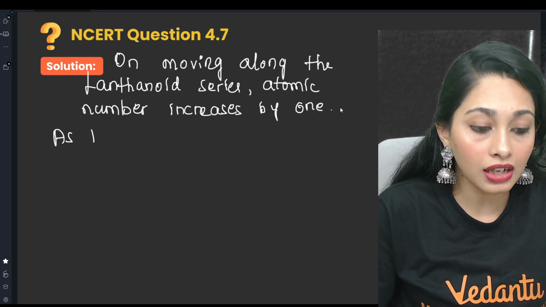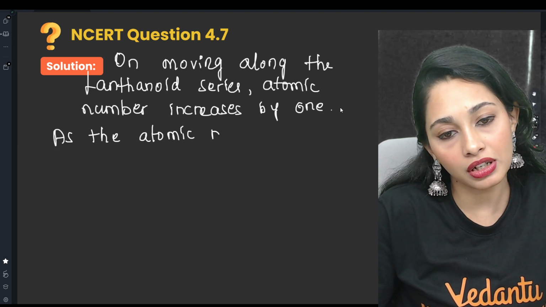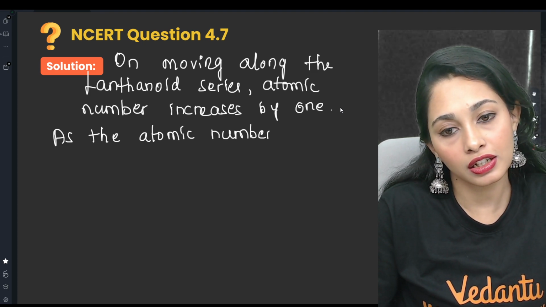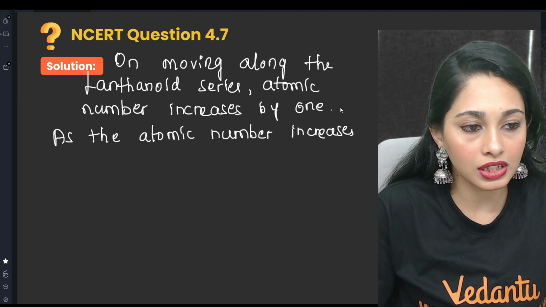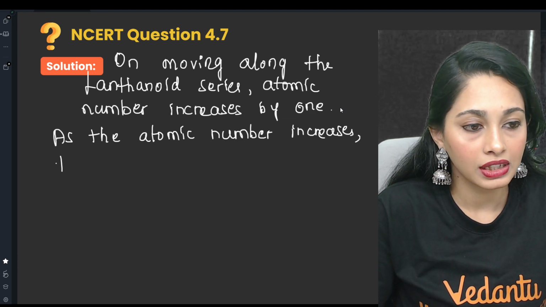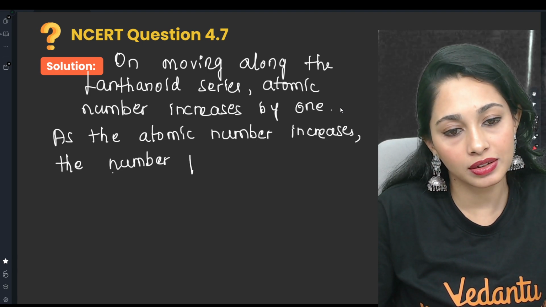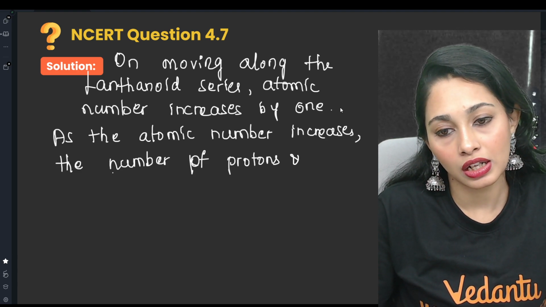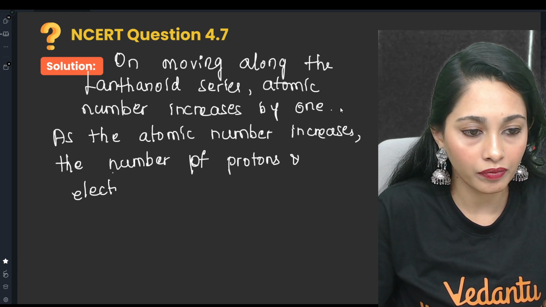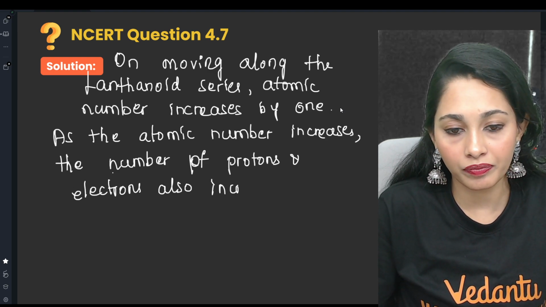So as the atomic number increases, the number of protons and electrons also increases by 1.